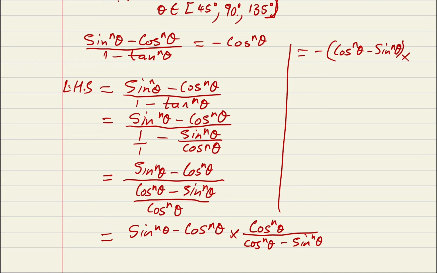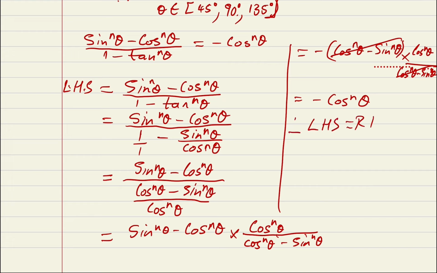And remember, this is multiplied by cos of n theta divided by cos n theta minus sine of n theta. Now this and this will cancel, and I'll be left with negative cos of n theta. Therefore, the left-hand side is equal to the right-hand side.